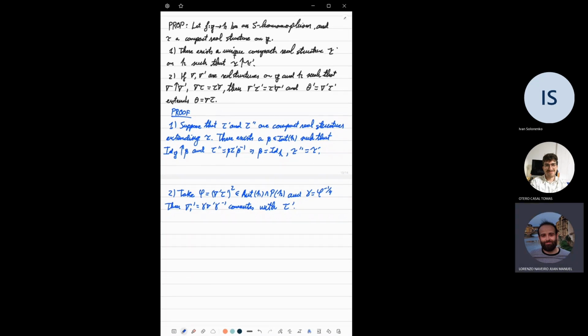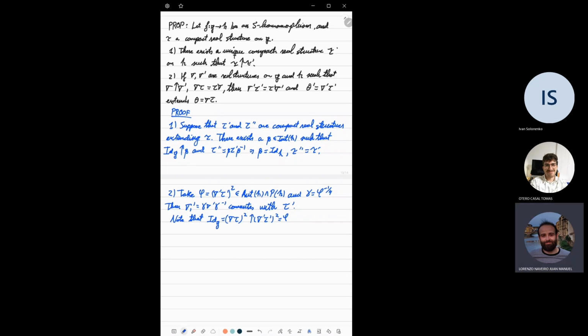So for this, note that we can write the identity of G as sigma tau squared, okay? Because since sigma and tau commute, sigma tau is an involution, so sigma tau squared is the identity. So this must extend to sigma prime tau prime squared, which is phi.